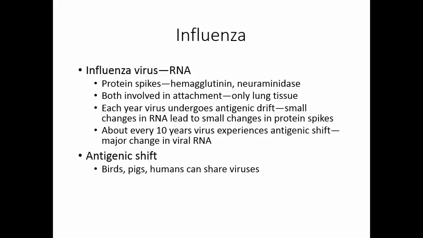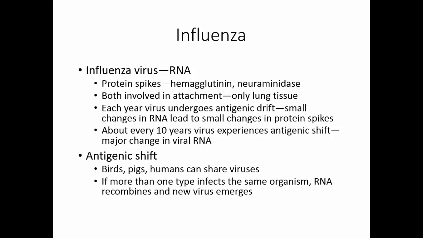Antigenic shift occurs because birds, pigs, and humans can all share the influenza viruses. If more than one type of virus infects the same organism, the RNA may recombine and a new virus emerges. Two viruses infecting the same organism will mean that within the same cell you will have two different viruses replicating.